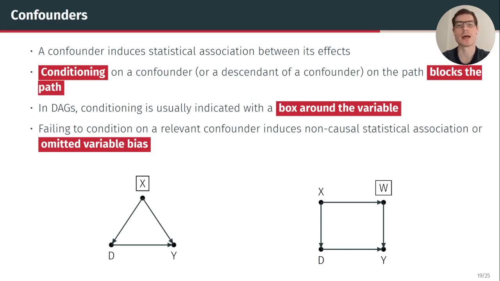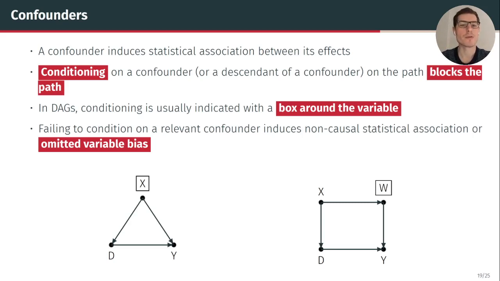So say X is positively correlated with D and also positively correlated with Y. So when X grows, it makes both D and Y bigger. Now, when just looking at D and Y, this would also mean that we observe a positive relationship between D and Y, but this could be entirely due to X.